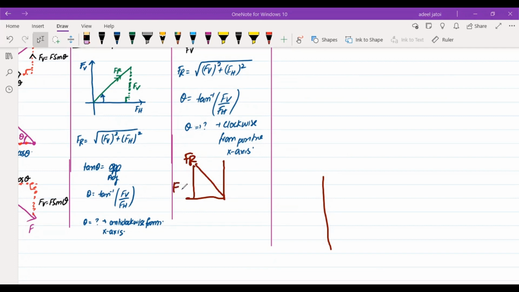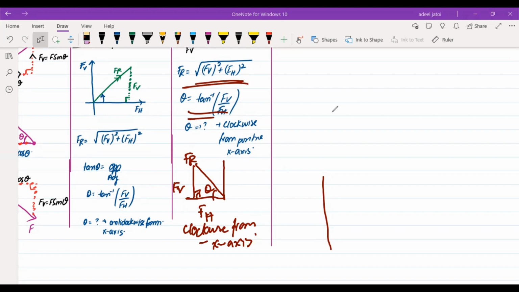This becomes FV, this becomes FH, same theta. But in this case, remember that it is acting clockwise from the negative x-axis. This is the only difference, whereas the formula will still remain the same.